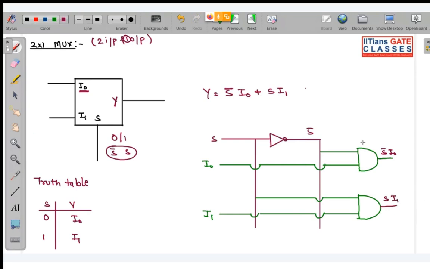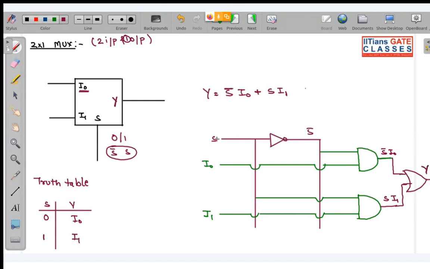Now this needs to be passed through an OR gate. So this will be what? This will be your Y. So this is your circuit diagram for a 2 cross 1 mux.